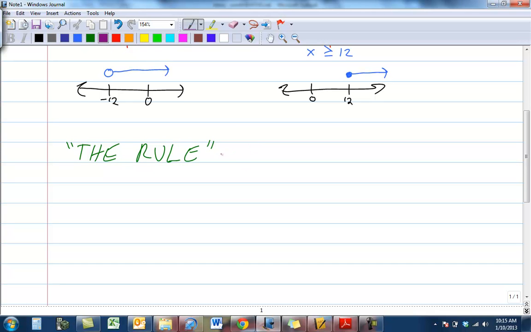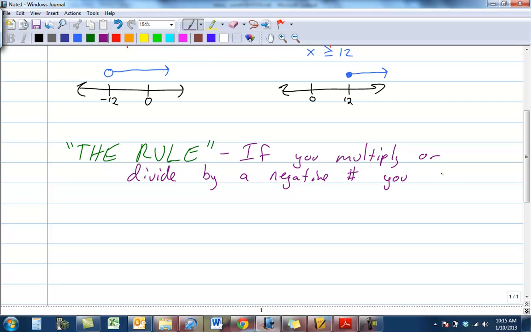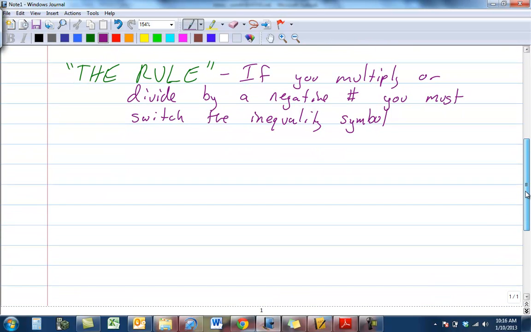The rule for this chapter is if you multiply or divide by a negative number, you must switch the inequality symbol. If you multiply or divide by a negative number, you must switch the inequality symbol.